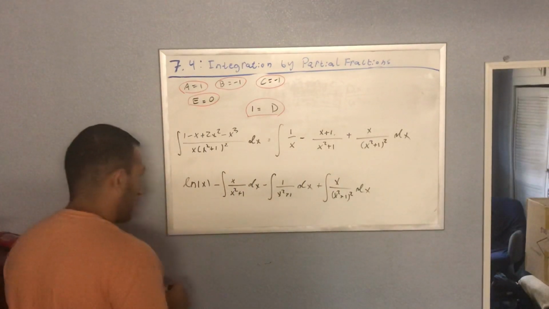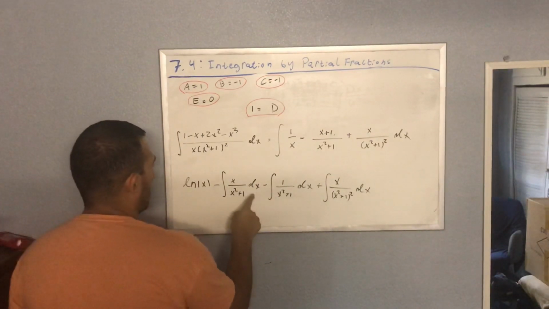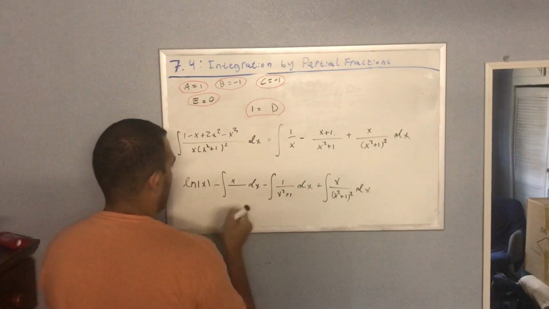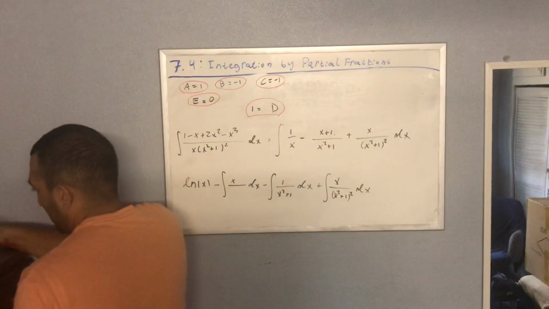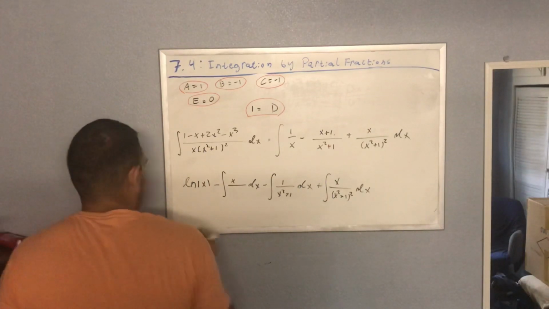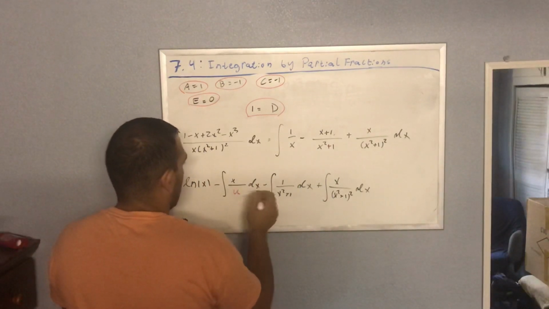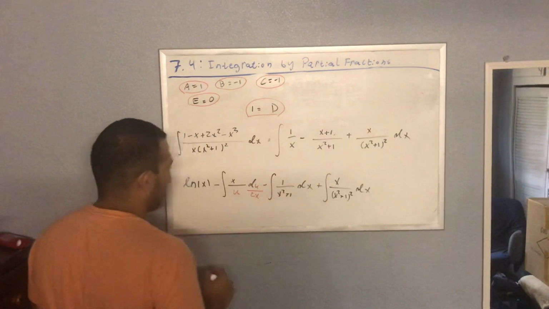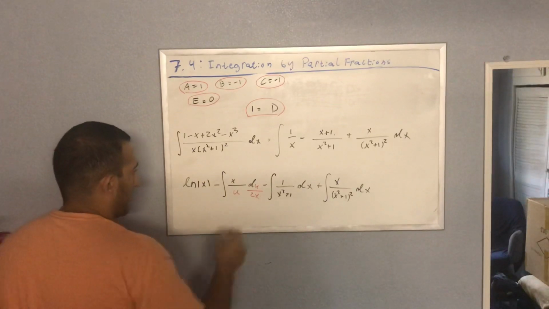This one you could do with a quick u substitution. If you let u be x squared plus 1, so this is u. Then dx will be du over 2x. So this will cancel.